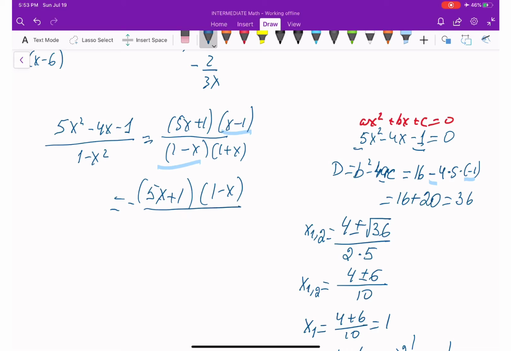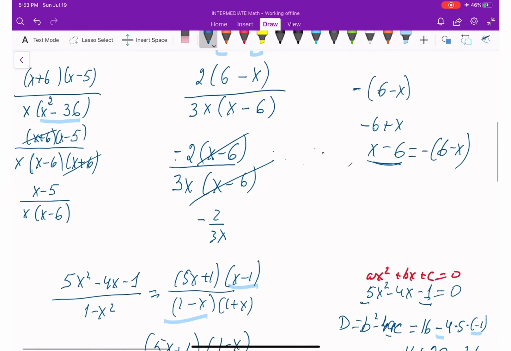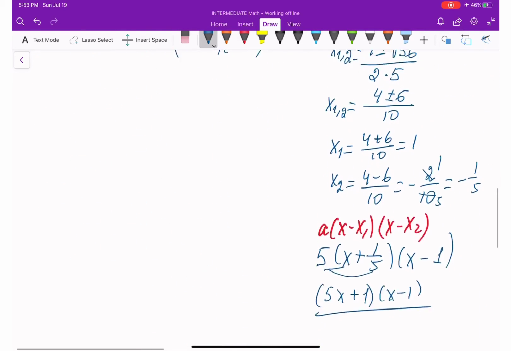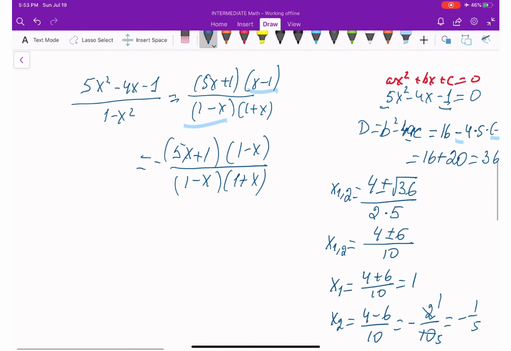That's all. 1 minus x, 1 plus x, just like I did somewhere here, 6 minus x, x minus 6 there. Okay, so 1 minus x cancels, and the answer is negative 5x plus 1 over 1 plus x. And we are done.